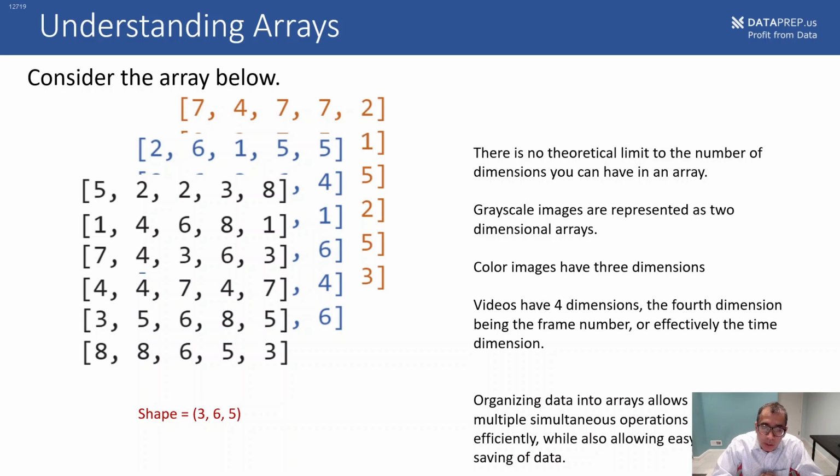What is really important to know is that arrays are compact representations of data. They have dimensions, and every number in an array exists at the intersection of all of its dimensions. So, for example, if we were to look at this number here, 6, this exists in the second column, in the first row, and in the second part of the third dimension.